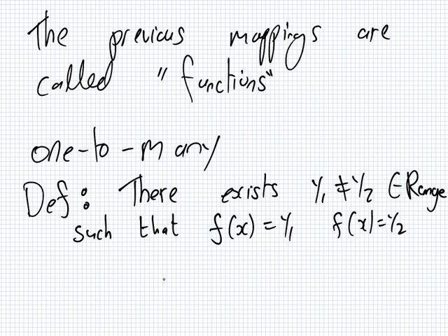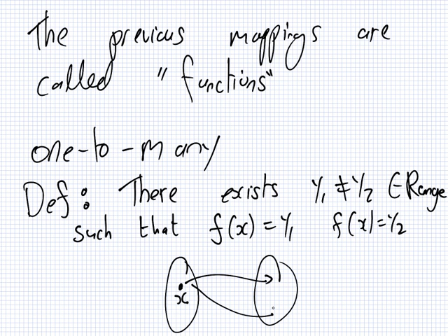In other words, you can have one value of x that goes to two different values in the range. Now this is actually really bad. This isn't a function.